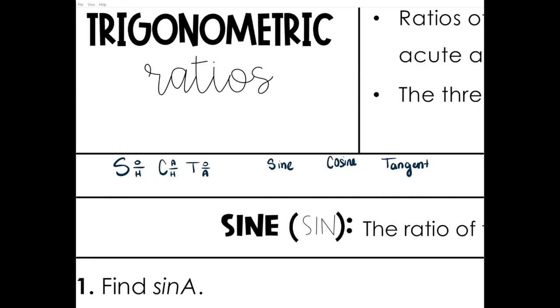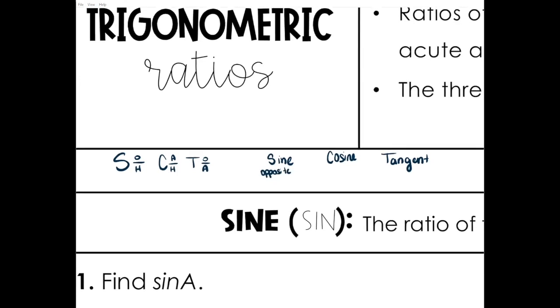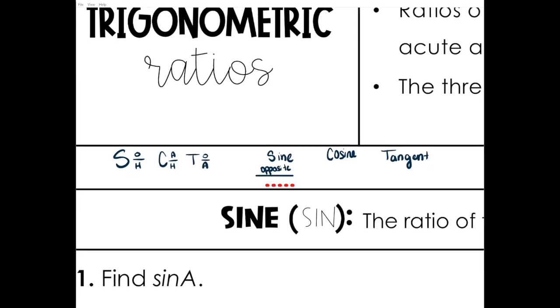So sine is O over H. It's the opposite side over the hypotenuse. Cosine is A over H, the adjacent side over the hypotenuse.